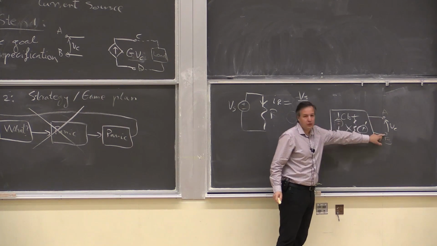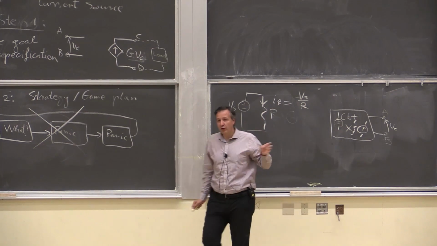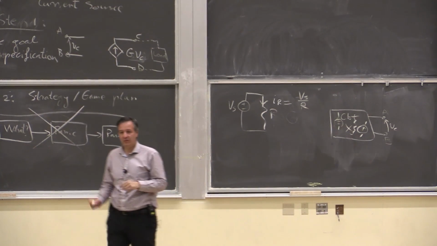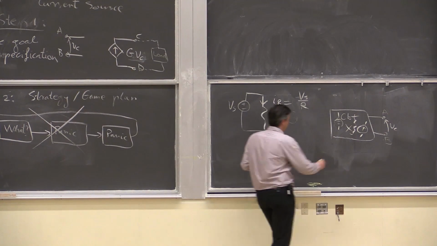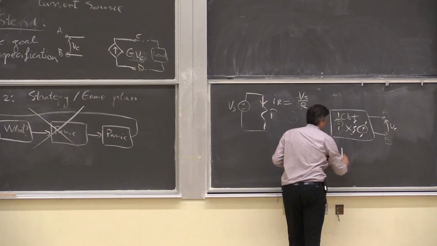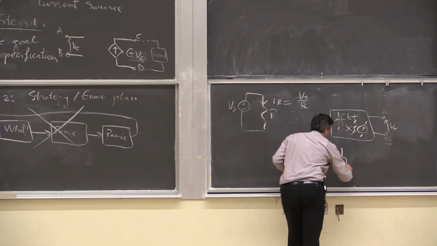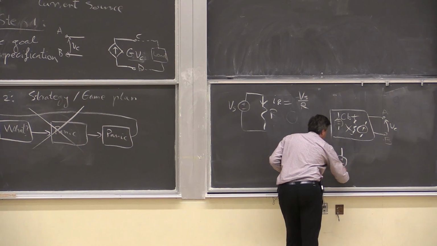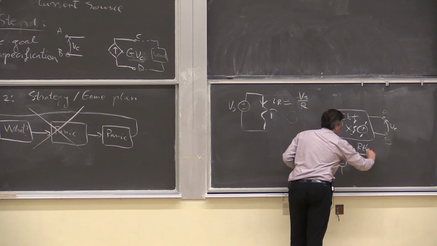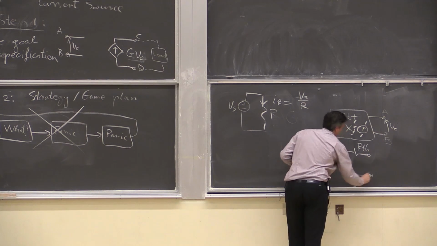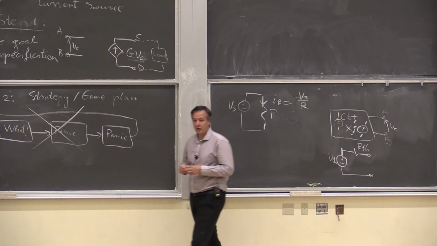And I have these two terminals, and I want to know the equivalent model of that. What is that? Yes? Thevenin, right? So I can replace all of this with a Thevenin source and a resistor.